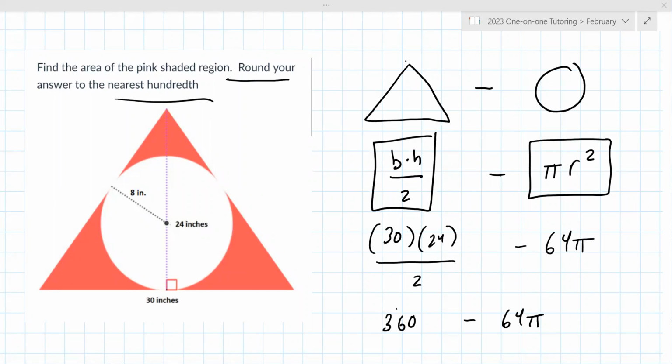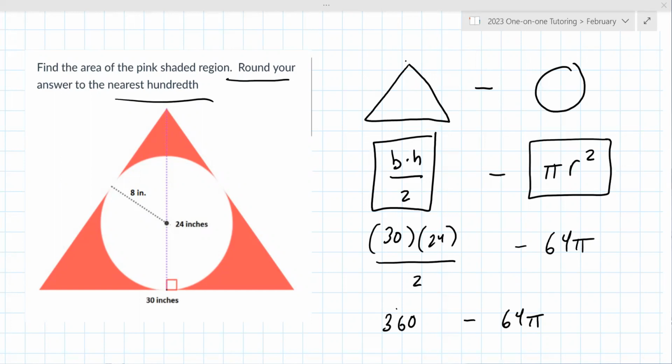Okay. First I need to do 64 pi. That would leave me, nope, hold on.